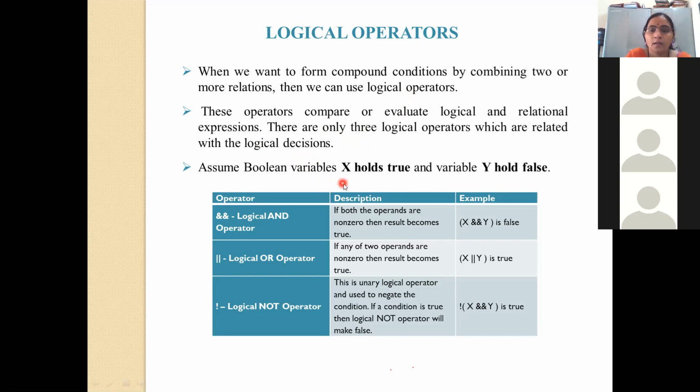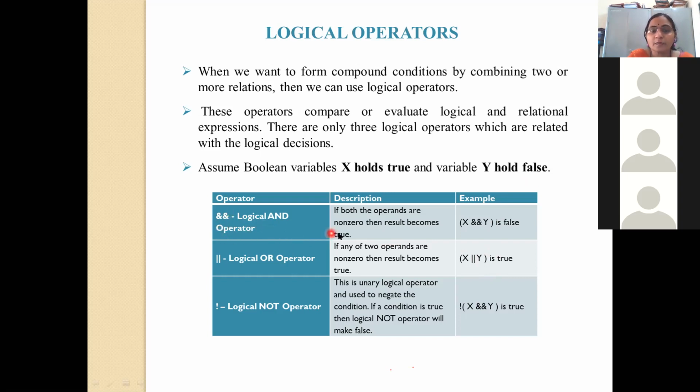And assume that here x consists of the value true and the y variable consists of the value false. Accordingly, I have given the following examples with respect to all the various logical operators. See the first operator. The first operator is the logical AND operator. This logical AND operator is represented with the double ampersand symbol.